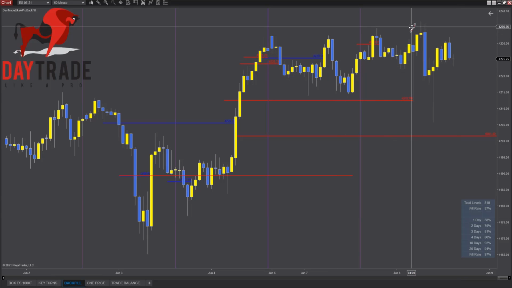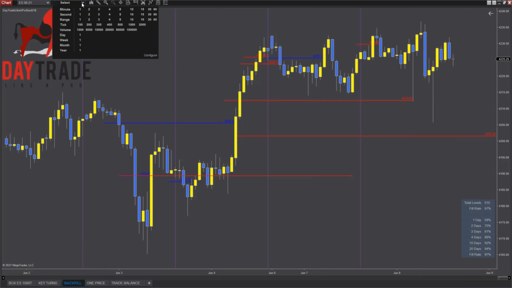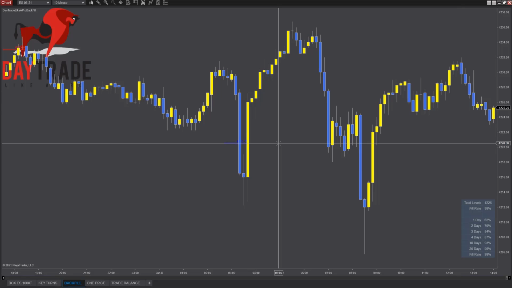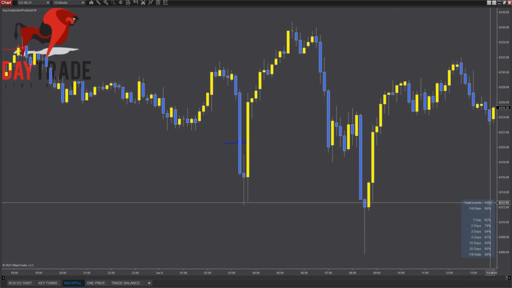By the way, let me show you, this is a 10-minute chart, and right here you can see there's 1,226 levels. Have a 99% fill rate, 95% in 20 days.